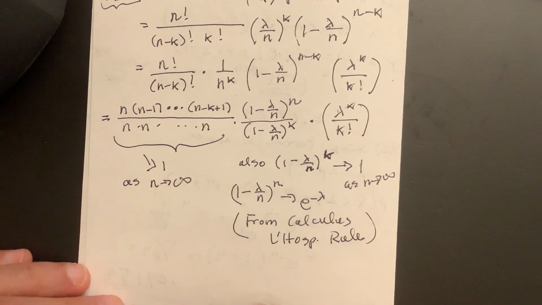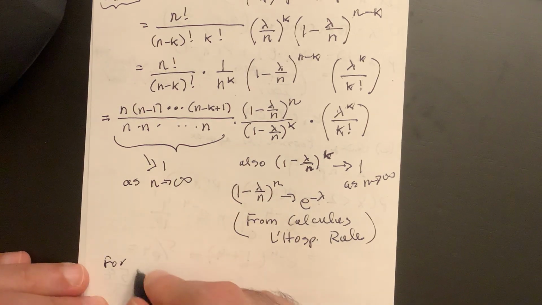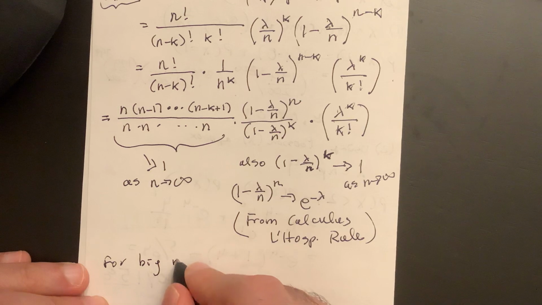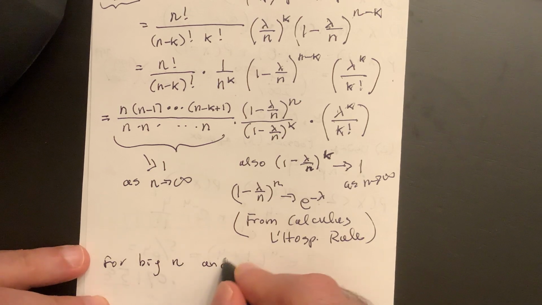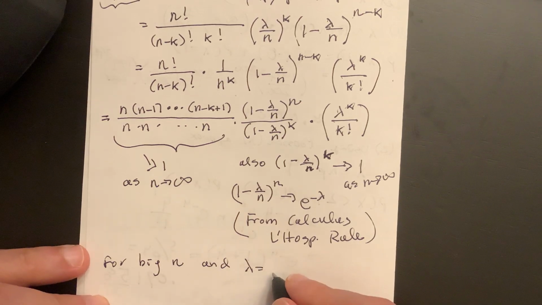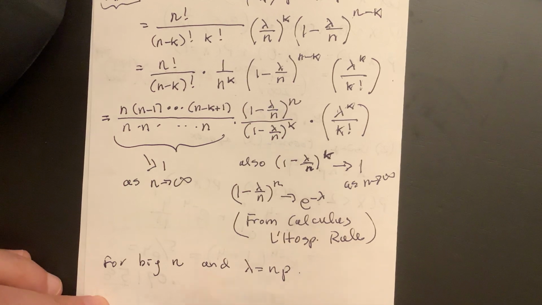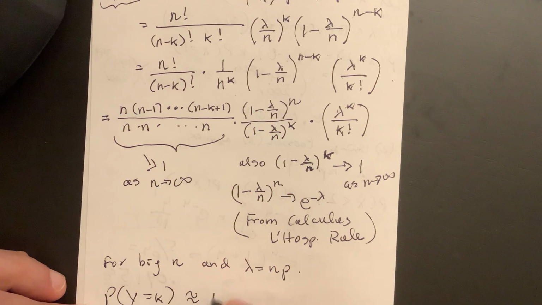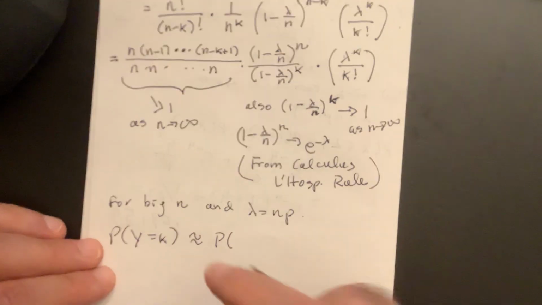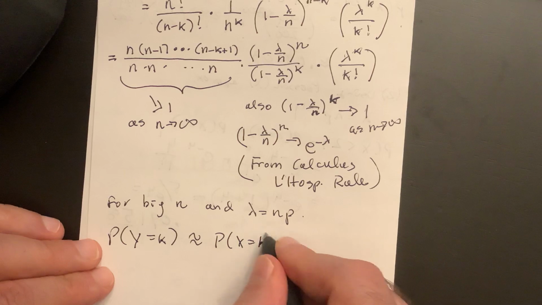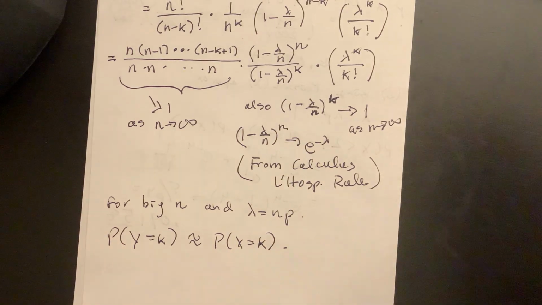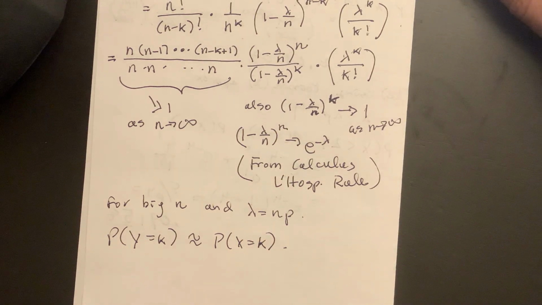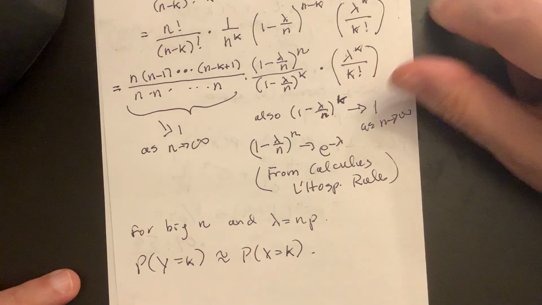For big n, and lambda equal to np, the probability Y equals k is approximately equal to the probability X equals k. And that's our argument there. We saw in the example above it worked pretty well. Okay, thanks.